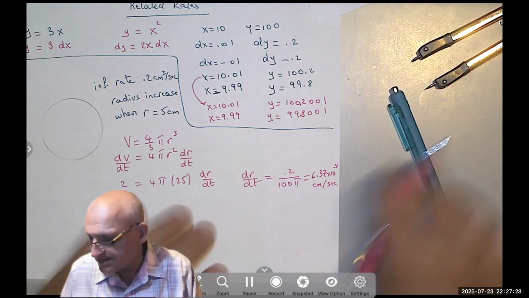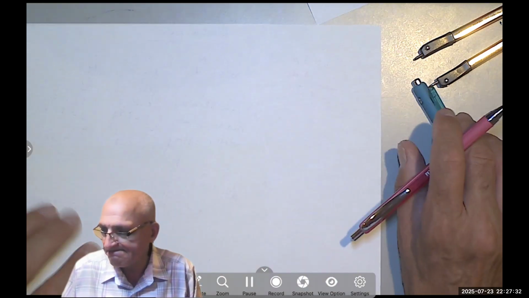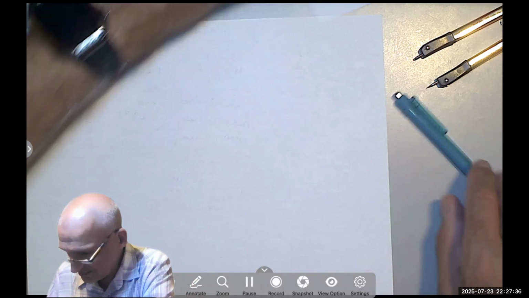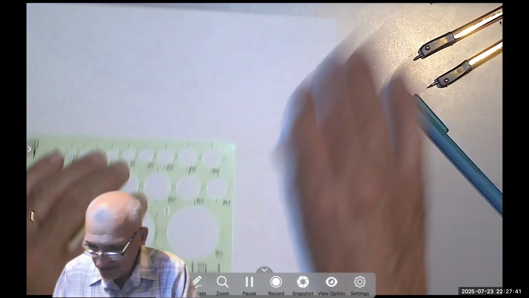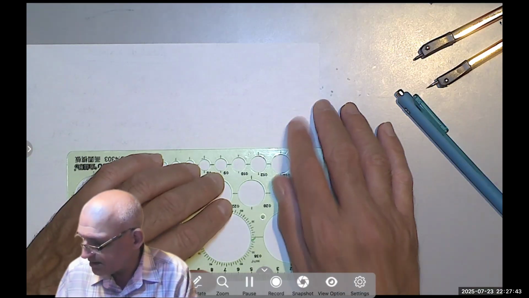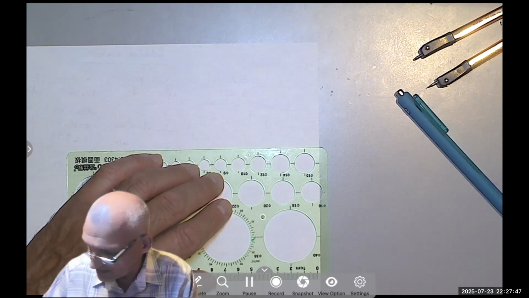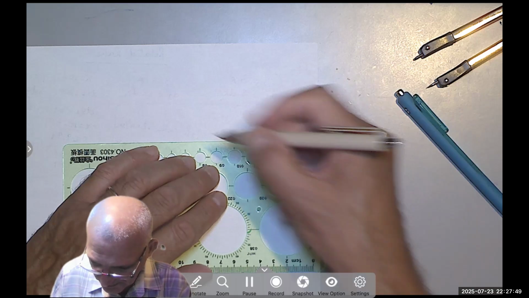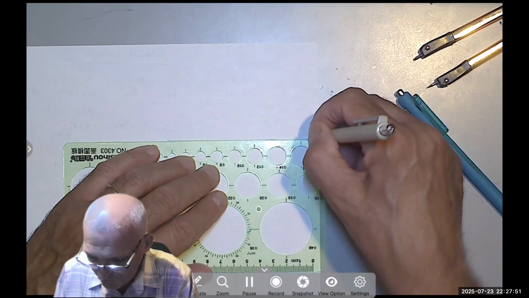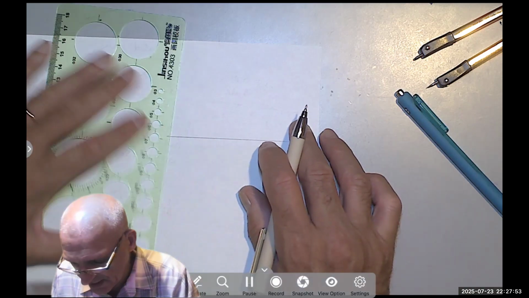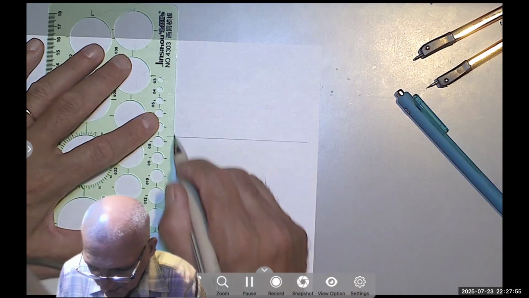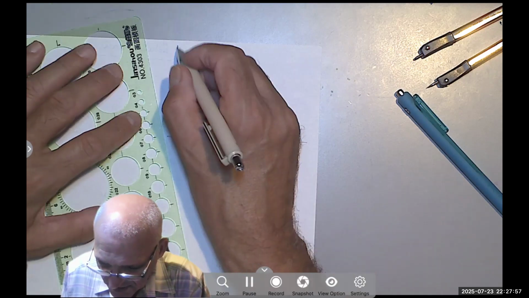Let's take another example. Let's say, where is the pencil? Okay. This is a floor. It's again a very common problem. And this is a wall.